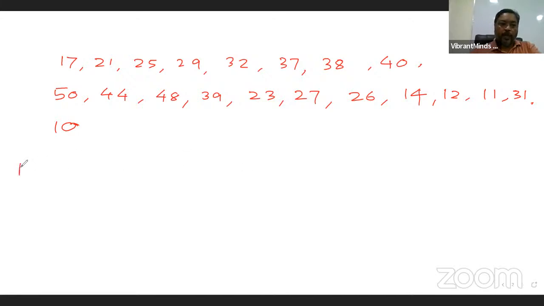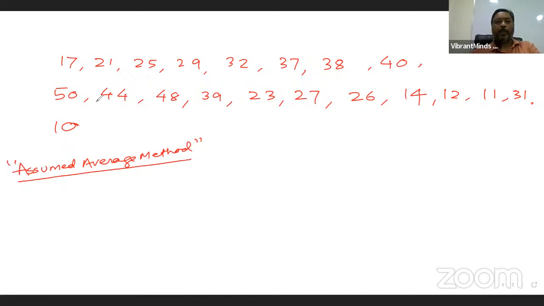Now this is known as the assumed average method. Okay. Now what is the assumed average method? You understand. What is my smallest observation in this? Smallest observation is my 11.